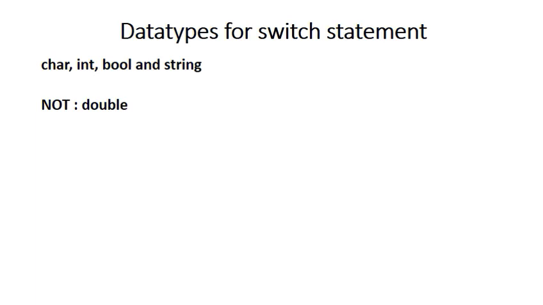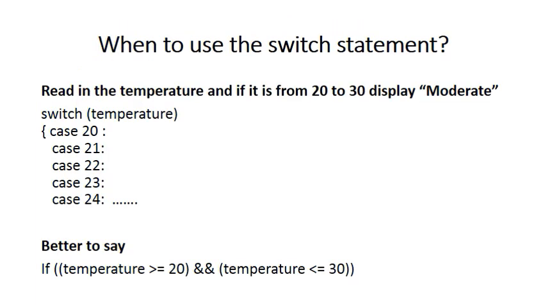The one data type that you will use in C# this year which you cannot use in the switch statement is the double. You can use the char, the int, the bool and the string, but it won't allow you to use the double. You need to develop a gut feeling for when to use the switch statement and when not. For example, in this case, the question says read in the temperature, and if it is from 20 to 30, display moderate. Now if you wanted to use the switch statement, you would have 11 case statements and right at the bottom a Console.WriteLine moderate.